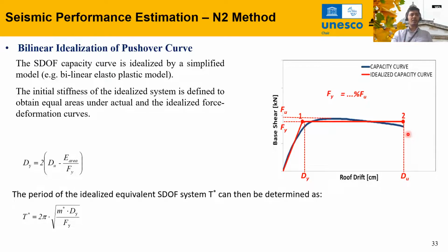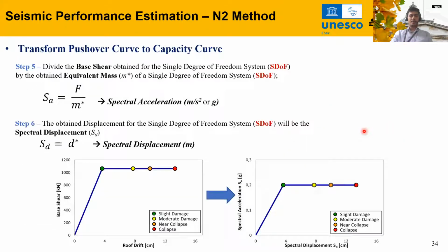So bilinear idealization is what we use here, which is based on the equal energy principle. The area under our idealized curve and the area under the original curve should be roughly equal. That's the principle of this idealization. That's how we idealize the Pushover curve.